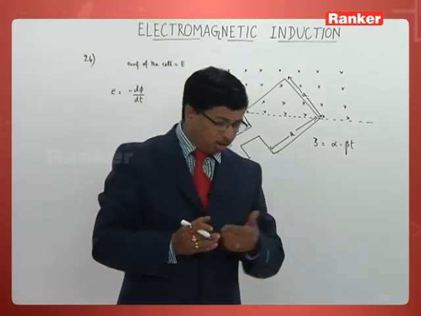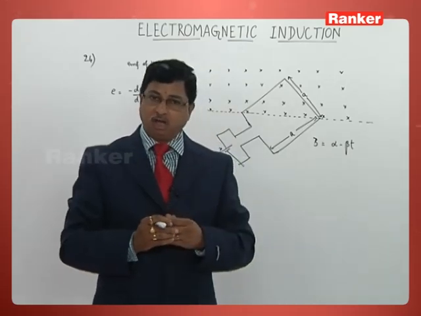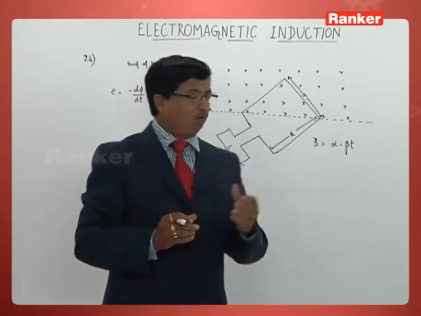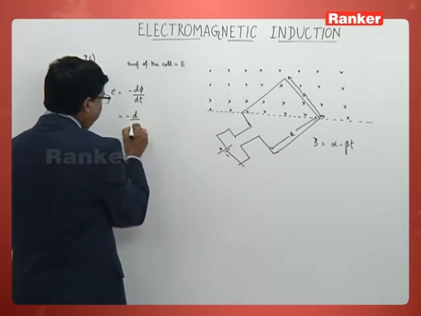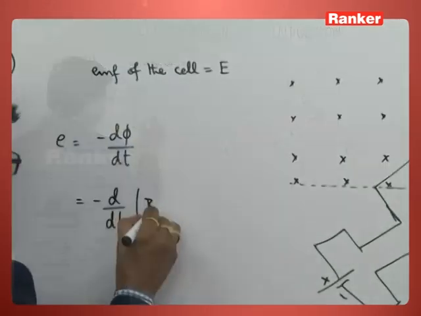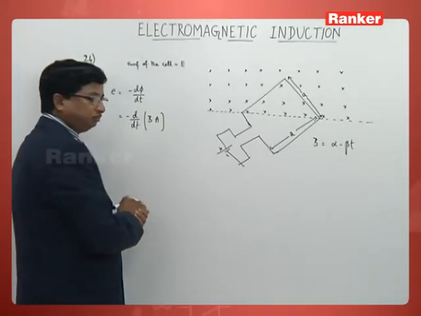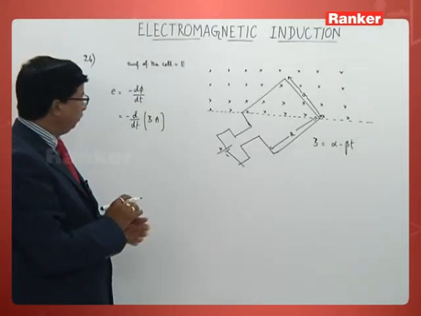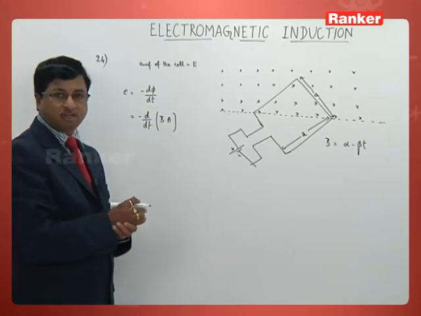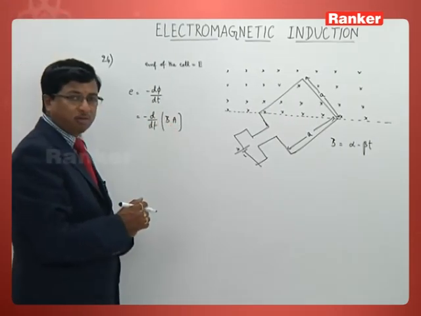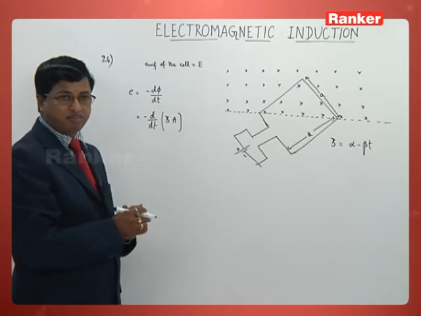But when we talk about the value of phi, how do we write this now? It's minus d by dt of BA, because phi can be written as BA cos theta actually. The maximum value in this particular case is to be taken as BA.